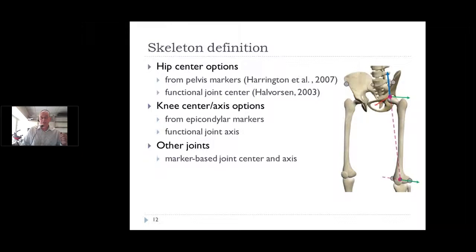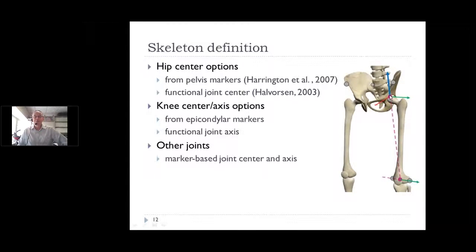Skeleton definition is done for one joint at a time, and I'll just talk a little bit about the leg here. So the hip and the knee are critical. For the hip and the knee, we have two options. You can define the hip joint center based on the pelvis markers, and that's done with a method that was published by Harrington. So you get the coordinates of the markers on the pelvis, and you calculate where that hip center is.